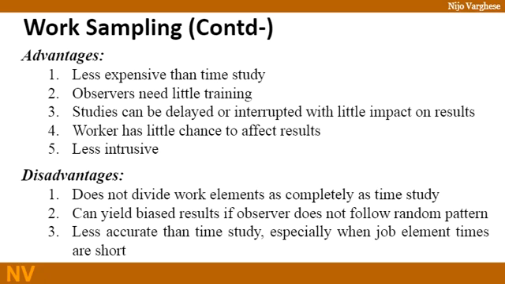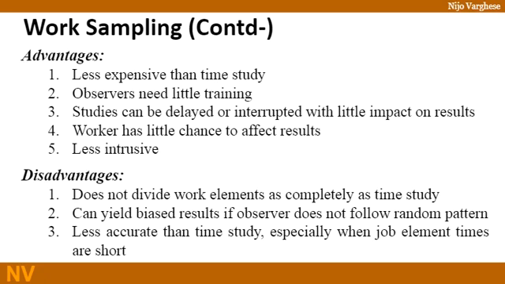The disadvantages: it does not divide the work into elements as completely as time study. Unlike time study, we are not dividing the entire work into different elements of operation, so we may not be able to understand the time taken for each work element or properly measure the work. Second, it can yield biased results if the observer does not follow the random pattern. So randomness is very important.